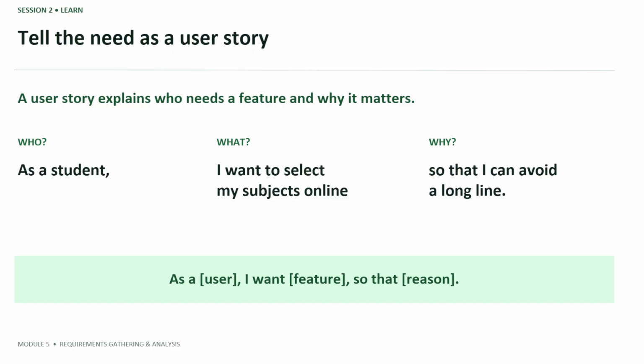It gives the who, the user experiencing the problem, what kind of feature solves the problem, and the reason why it solves the problem. So basically that is the user story, and there are a lot of features from the project that are not limited to just selecting a subject online.